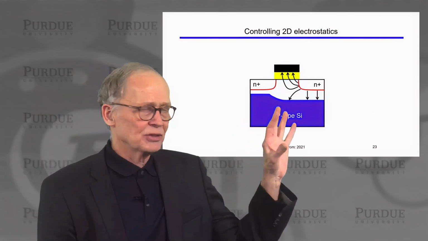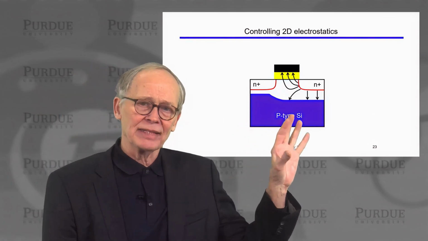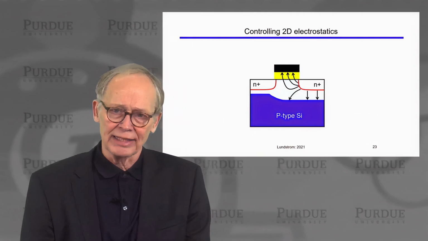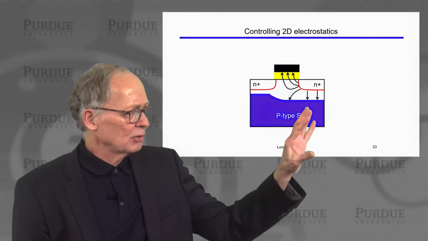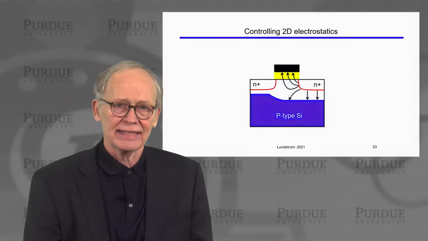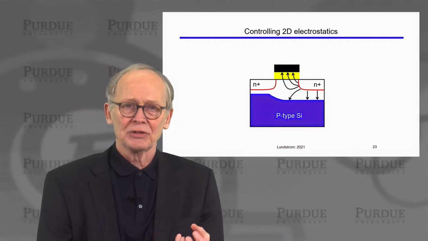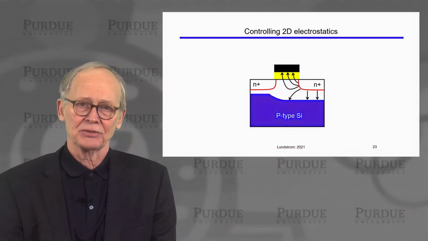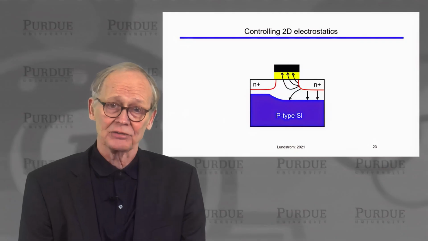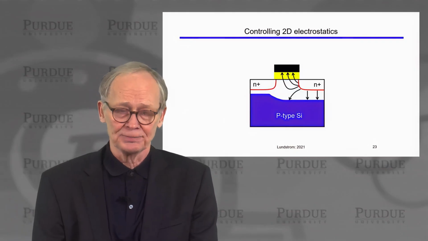We would like to make sure that the electric field lines that emanate from the positive voltage on the drain terminate in the bulk or terminate on the metal electrode and the gate, and do not reach through all the way to the source, pull down the barrier and pull electrons out of the source. When that happens, it's catastrophic. The device has punched through.